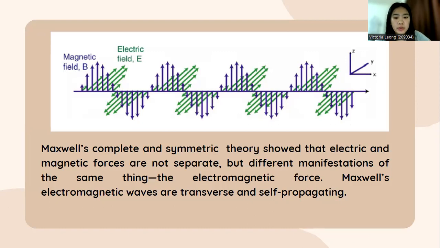We say that it's self-propagating because a changing electric field is able to produce a changing magnetic field, and the changing magnetic field is also able to produce a changing electric field. Hence, you are able to say that an electromagnetic wave, such as light, UV rays, infrared rays, visible light, is self-propagating and does not need a medium to travel through, which is why it is able to travel through vacuum. So I will pass this to the next person, Nizar.